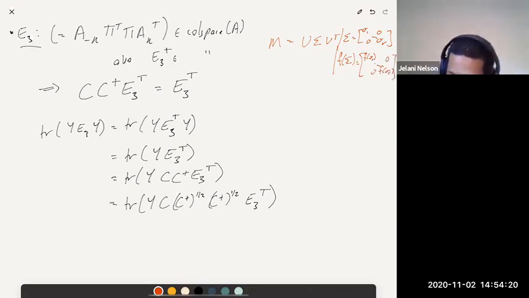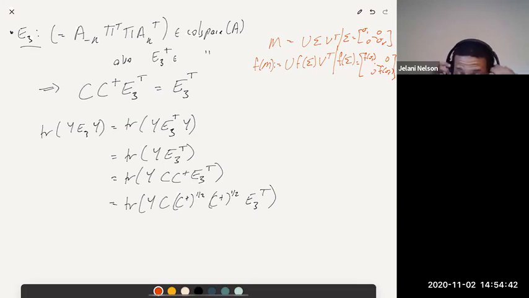This is just notation. And now f of M is just defined to be U f of sigma V transpose. So when I say C plus to the 1/2, what I mean is take C plus, write its SVD, and then just apply this square root function to each singular value separately.